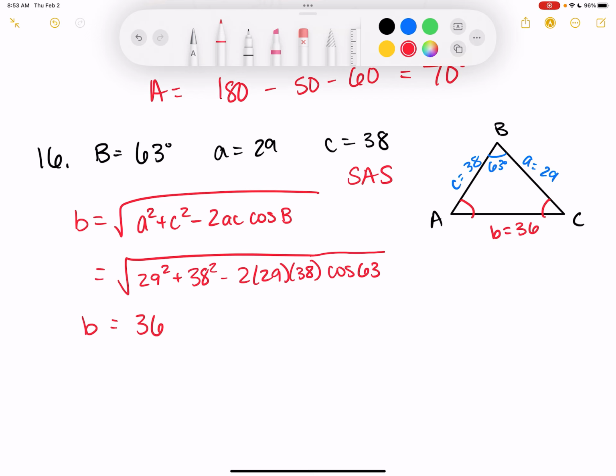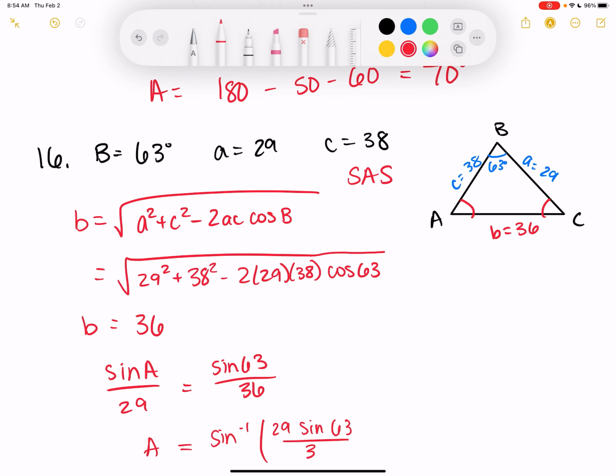So then we would have sine of A over 29 is equal to the sine of 63 over 46. That's confusing. I was about to write the numbers backwards. Okay. So A is equal to the inverse sine of 29 sine 63 over 46.